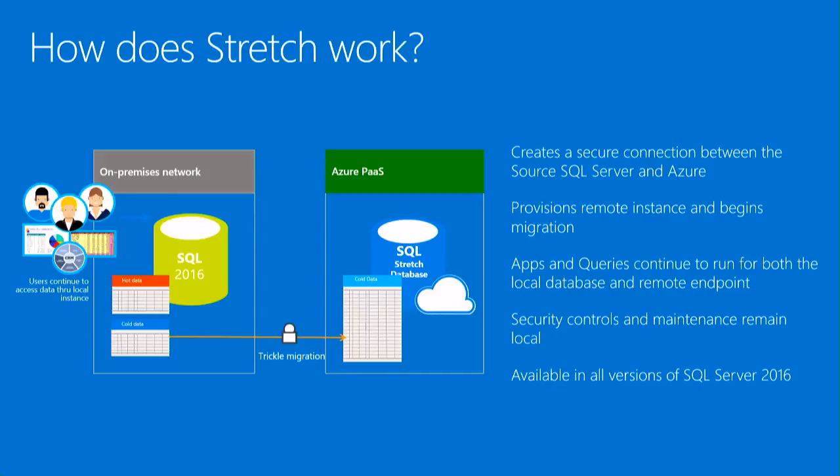Okay. The other enhancement around this is how the query processor works once you stretch a table. So one of the challenges you have now is you've got data that's sitting in the cloud and you've got data that's on-premise. So how does the query optimizer understand where that data is located? Well, as part of that stretch database configuration, we'll store some metadata within the SQL environment, and it's able to assess which parts of the data live on-prem and which parts live in the cloud, and how to offload some of that compute.